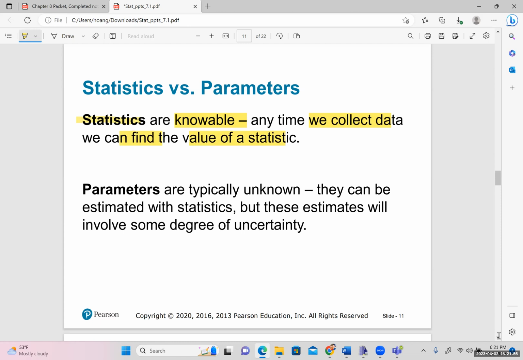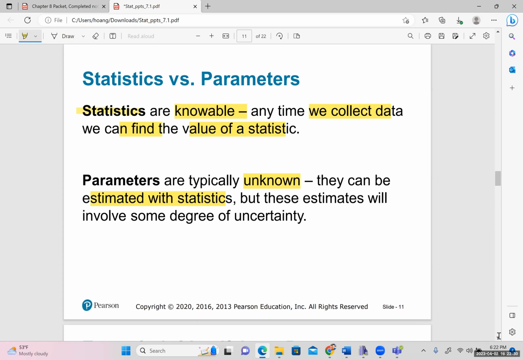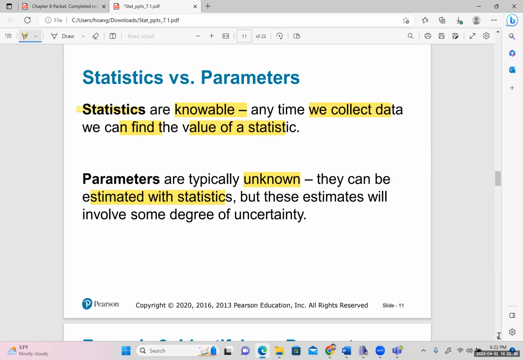Parameters are typically unknown because we can usually only estimate them from statistics, and this estimate involves some degree of uncertainty, because we need a range, like a margin of error, which we will learn later. That's the difference between statistics and parameters.